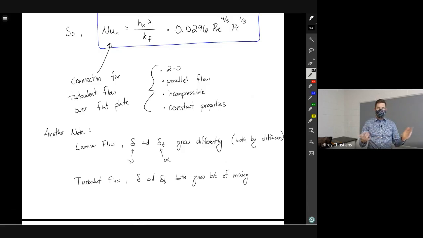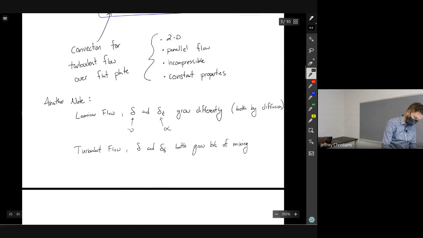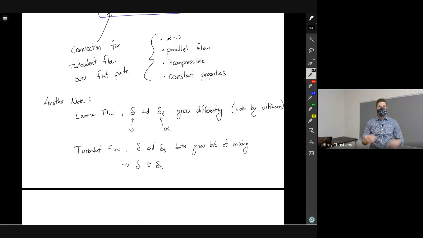So they end up becoming essentially the same size, because the dominant factor is the actual mixing of the fluid, not diffusion, which is different because of different properties. So in turbulent flow, those end up both being related.